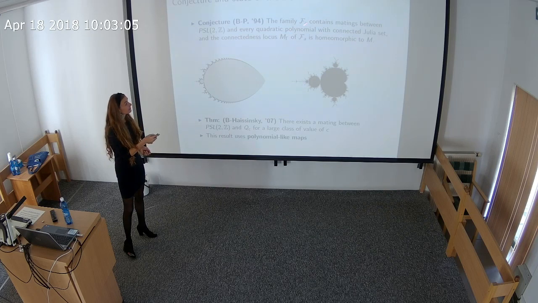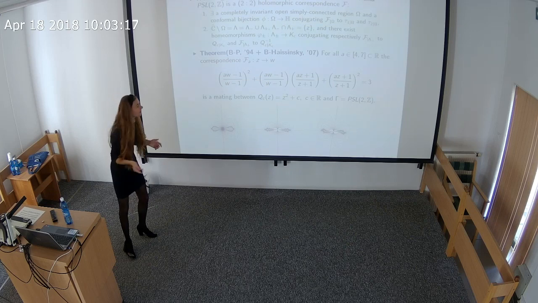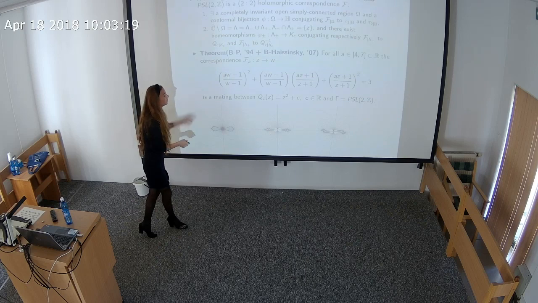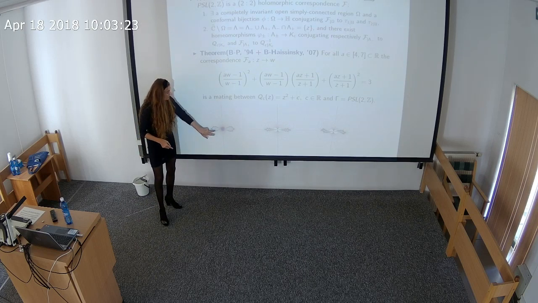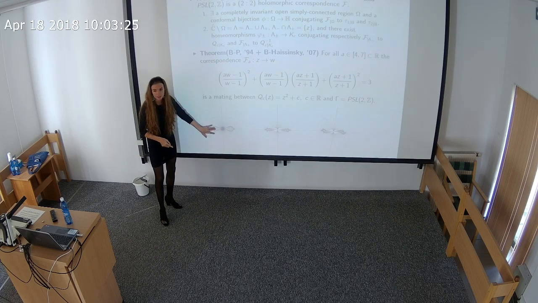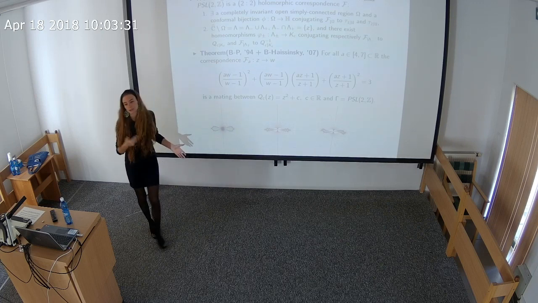A is the parameter of the family, yes. It's a complex parameter. What is it related to C? Like A and C? If A is equal to 4, you have this correspondence, and on this filled Julia set, your correspondence is conjugate to the polynomial zeta goes to zeta square.